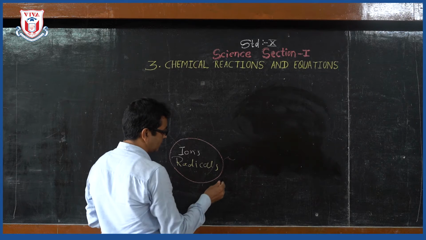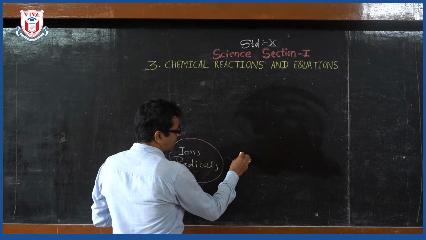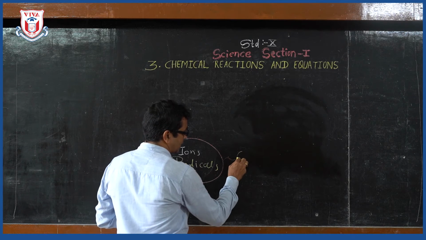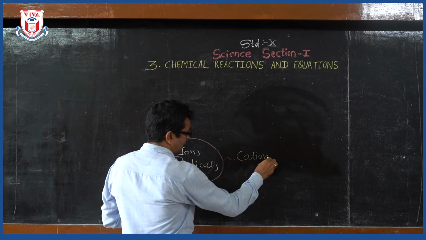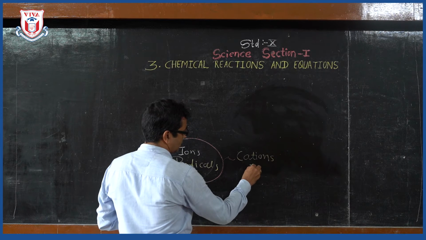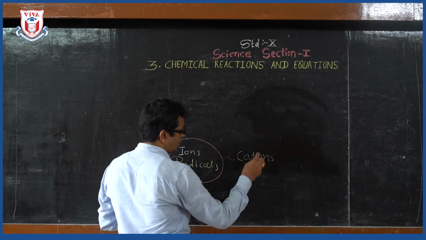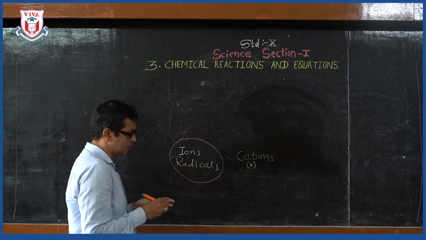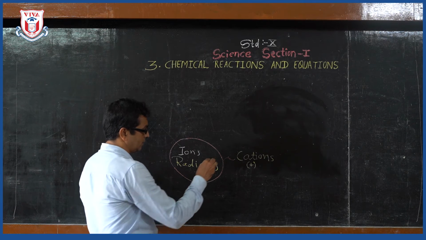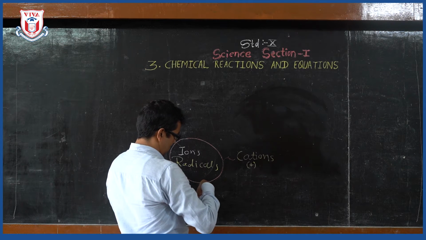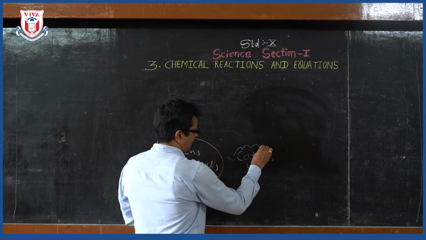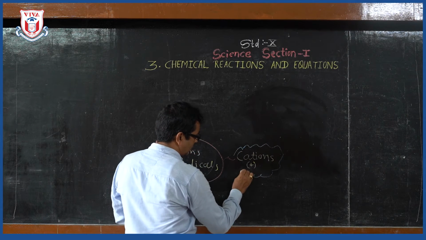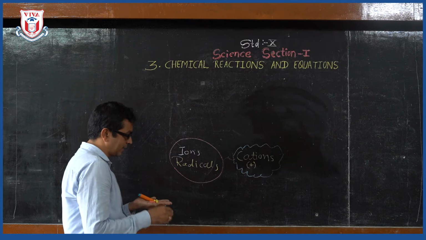One is atoms having positive charge, called cations, or positive charge ions, and they are also called basic radicals.